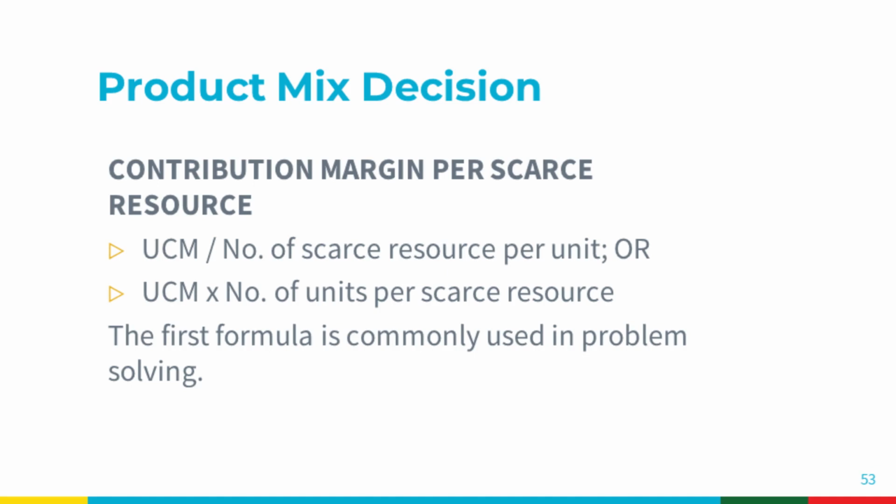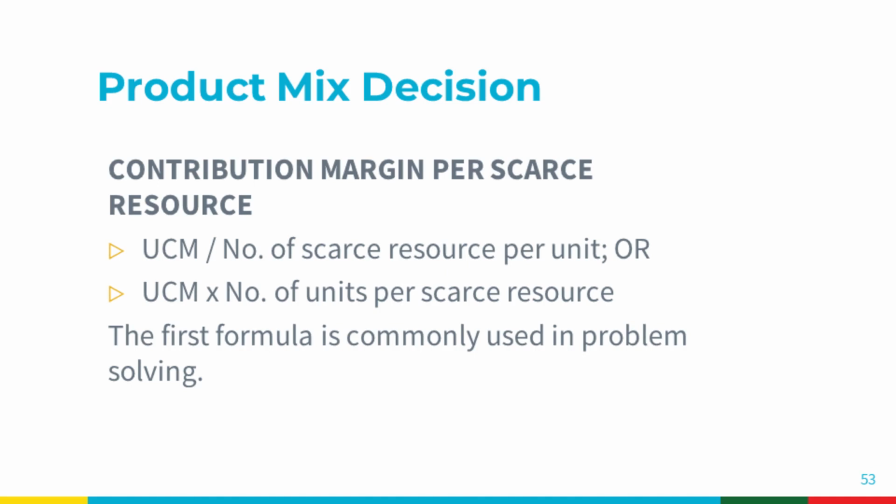Okay, so let's reiterate how can we compute for the contribution margin per scarce resource. Okay, we have two alternative formulas for that. First is the contribution margin per scarce resource is equal to the unit contribution margin divided by the number of scarce resource per unit that we're going to use.